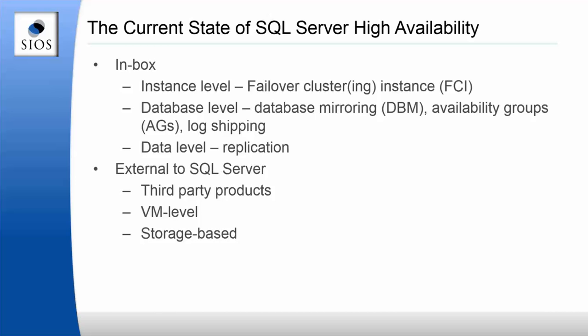There are also what I like to call external solutions or third-party solutions. So there are third-party products like the SIOS stuff I'm going to talk to you about today and how that could influence things. If your SQL servers are hosted as virtual machines under a hypervisor, and that could be VMware, it could be Microsoft's Hyper-V, it could be Xen, it doesn't really matter.